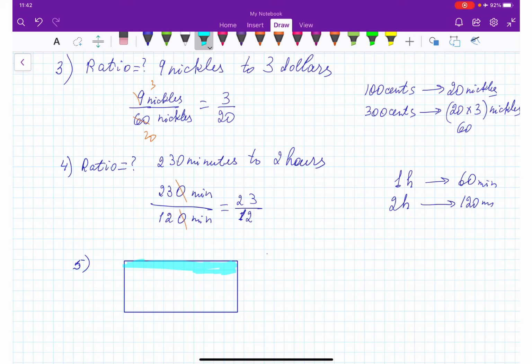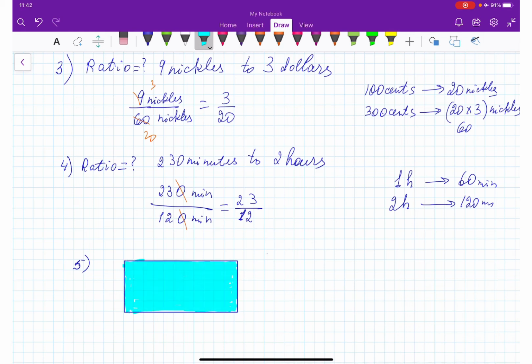We need to find the ratio. Why do we need to know ratio for basketball field? Because let's say you want to build somewhere else 3 times bigger, but it has to be proportionate, keep the same proportion. Okay, so therefore we need to know the ratio to build proportion. If ratio will be let's say 1 half, 1 to 2, that means the length is going to be twice greater than the width, right?